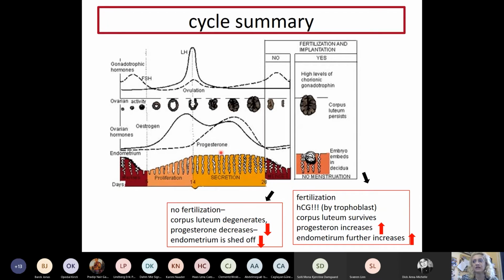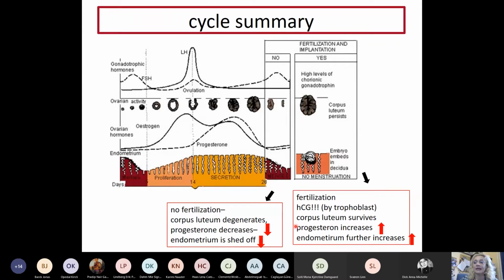If there is no fertilization, you can see the corpus luteum degenerates after this LH peak. It degenerates. Then there is not enough progesterone. Progesterone level decreases.